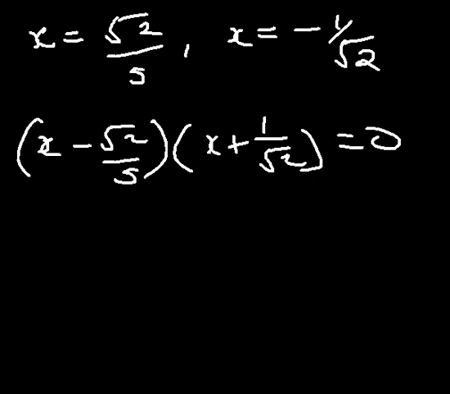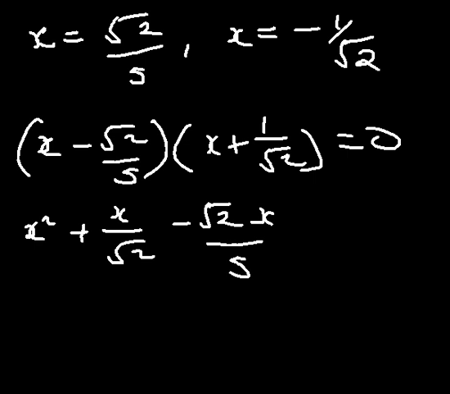So in this case, we'll have x squared, plus x over the square root of 2, minus the square root of 2 x over 5, minus the square root of 2 over 5 root 2, which is equal to 0.